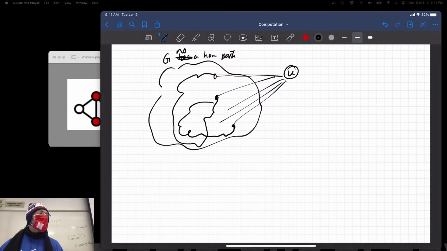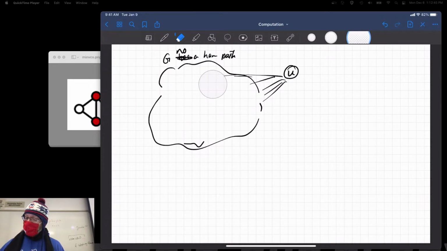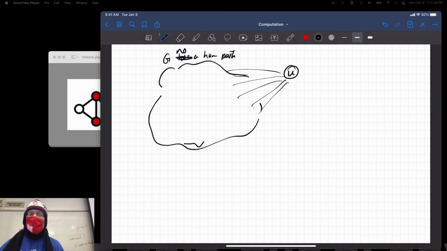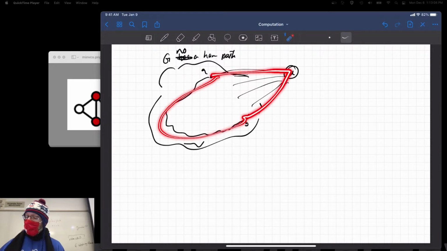Now, suppose there's no Hamiltonian path. Is there any possible way that you could have induced a cycle by doing this? Probably not. Why? Suppose that there was a cycle that was induced by this. A and B. Suppose that there is a Hamiltonian cycle from A over to B, and then to U, and then to A. Well, guess what?